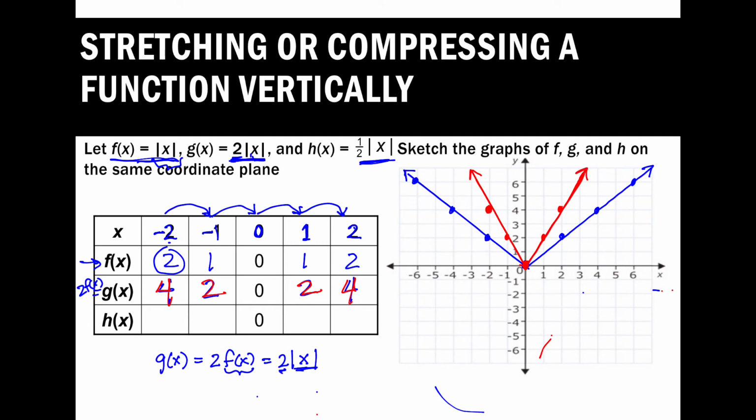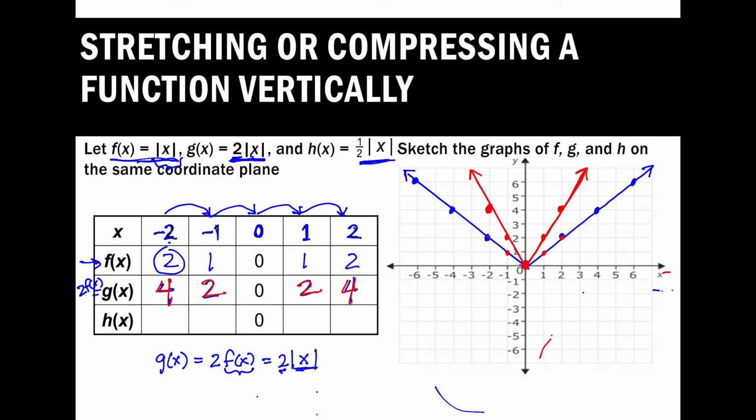So it didn't shift at all. What it did is it kept it in the same spot, but it stretched it upward. And it stretched it according to the y. It took this value here and actually doubled it. So we're at 2, now we're at 4. Here we were at 1, now we're at 2.